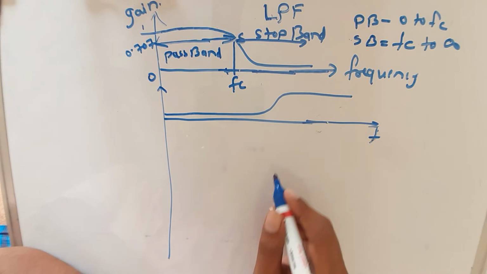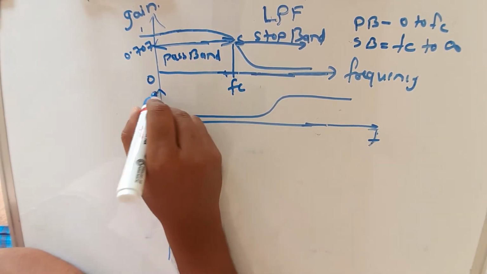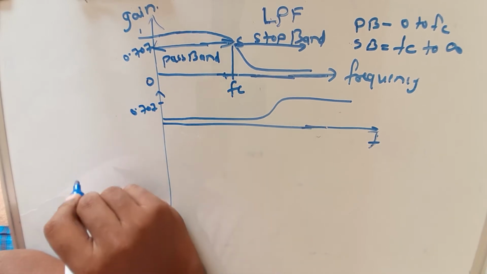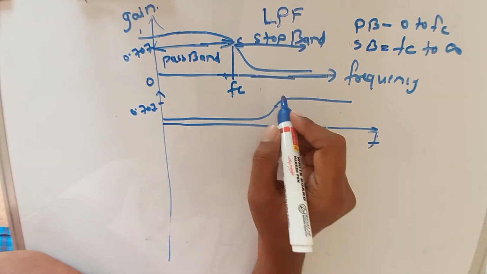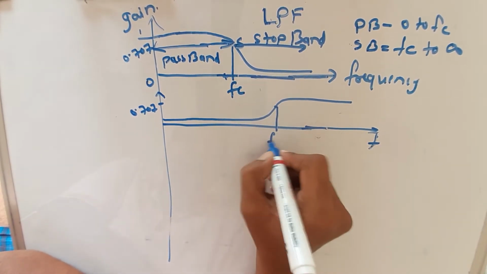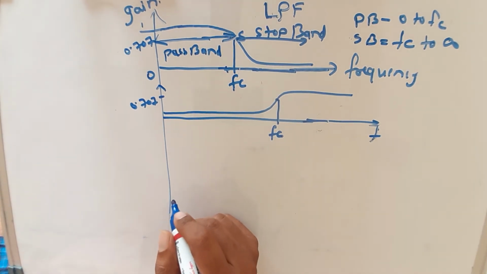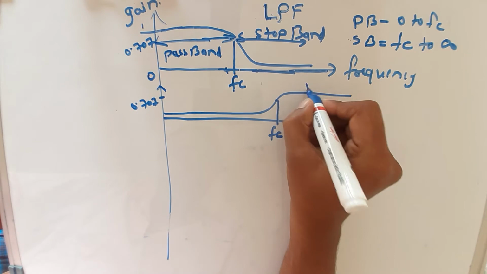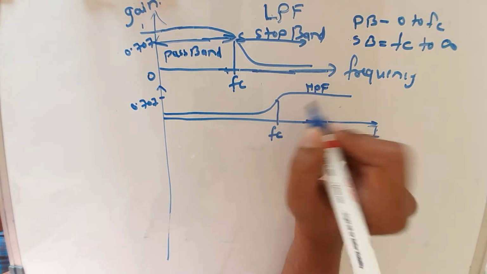Again we will take this as 1 and 3 dB, that is 0.707, and it will come like this. Here I will write fc, that is the cutoff frequency. So this is the graph of the high pass filter, HPF.